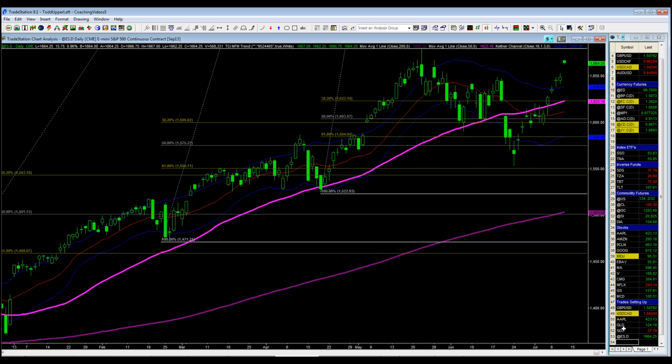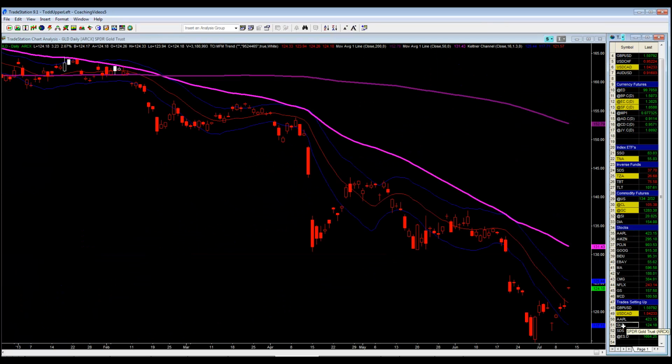Let's take a look at a couple others here. Gold. Gold was on my watch list, and that's up about $3 or $4 since I called that. Unfortunately, I did not get any type of price pattern. Since I did not get a price pattern, what I did do a couple days ago was sell puts. I sold the GLD puts at 118. So I'm making money on that, but not nearly as much as if I had been directionally net long.